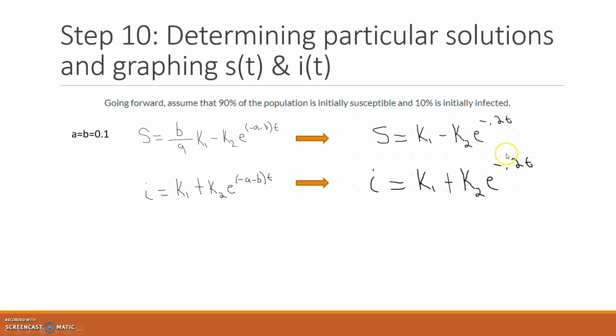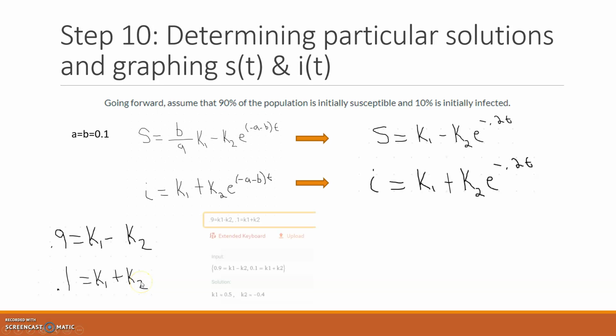And when you do, it's going to simplify down into these two equations. And then from here, you're just going to take our initial condition where it starts out at 0.9 for the susceptible population and 0.1 for the initial population. And of course, t is 0. So this simplifies down to 1, and you should get k2 for each of the terms.